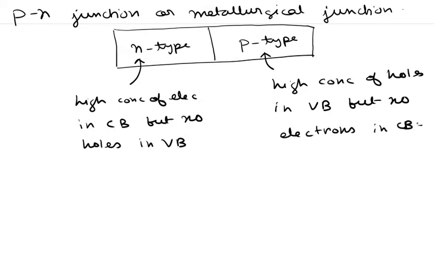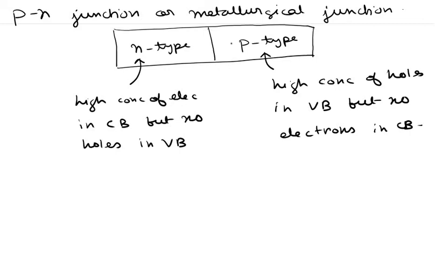Now, we already discussed that electrons or holes have the tendency to flow from the point of high concentration to the point of low concentration. Here this n-type material has a very high concentration of electrons in the conduction band, but the p-type material doesn't have any electrons in the conduction band.